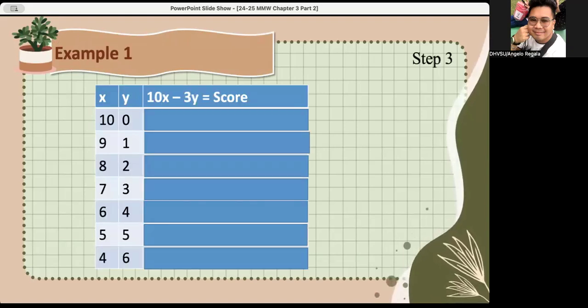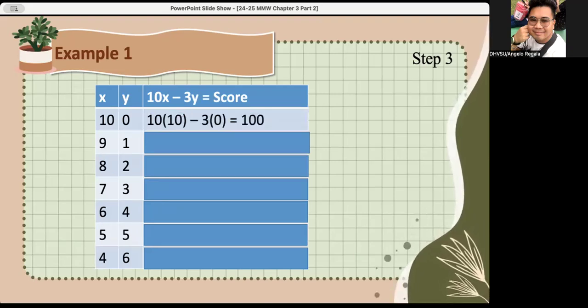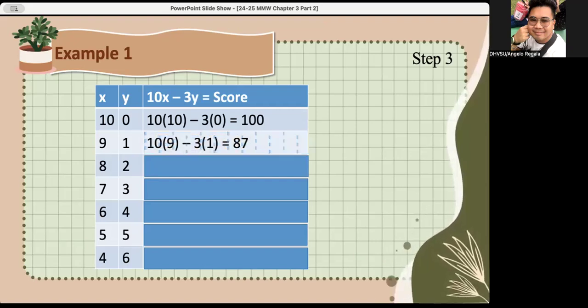If Joshua got all 10 questions correct, that's 10 times 10 minus 3 times 0, we have 100. Perfect. If he has one mistake, we have 87. So 10 times 9, 90, minus 3, we have 87.